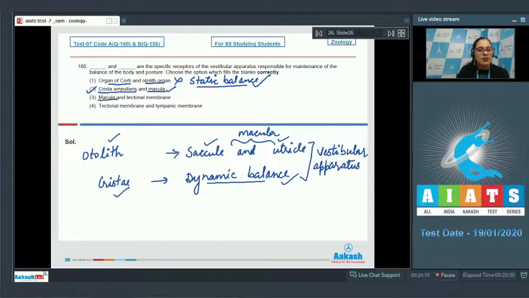The next option is macula and tectorial membrane. This is an incorrect option, and the last option, tectorial membrane and tympanic membrane, is also an incorrect option because both macula as well as crista ampullaris are essential for maintaining the balance of the body and posture. So the correct answer to this question is option number 2. Let's move on to the next question.